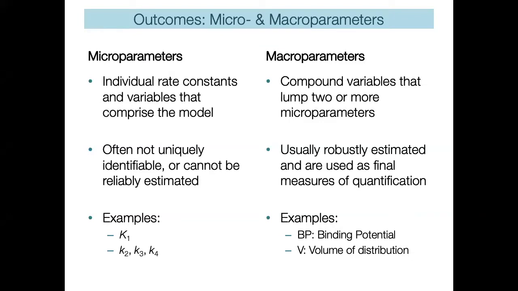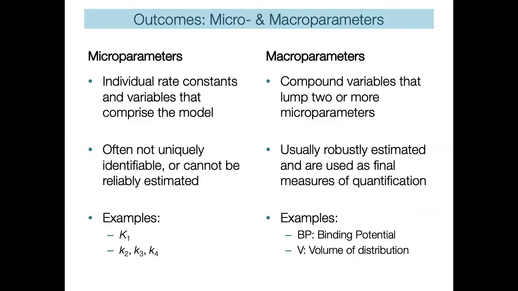Overall, I just want you to be aware that there are both microparameters and macroparameters. Microparameters are individual rate constants, like the ones I just pointed out, that are theoretically well defined and that we can estimate.